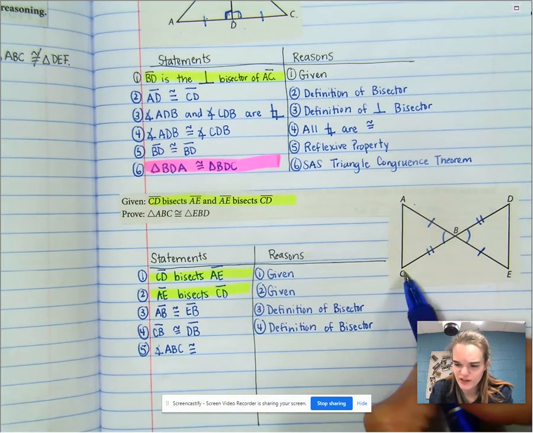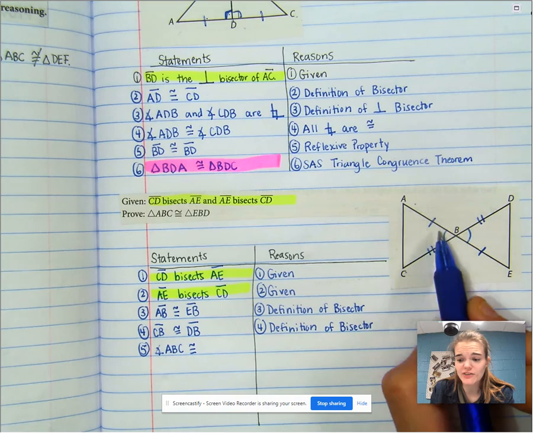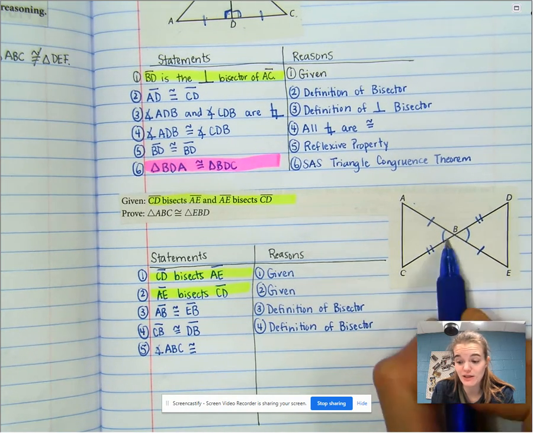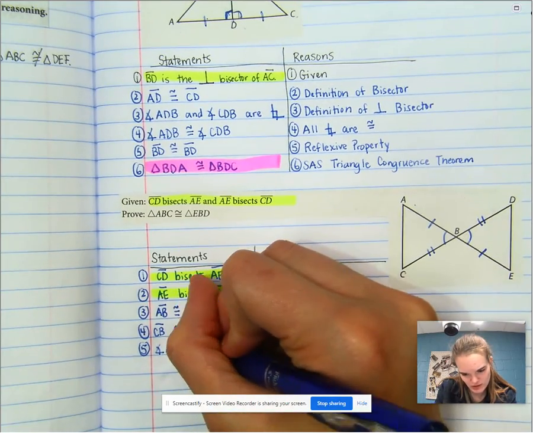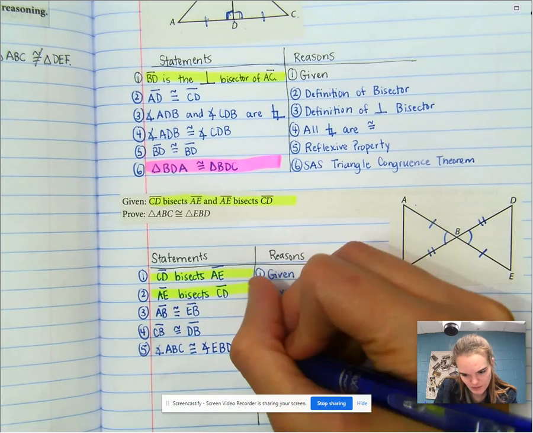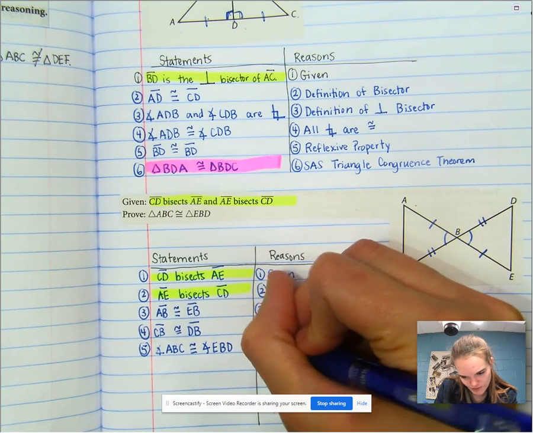Angle ABC. I have to start at E because A to B has the one segment mark. So I need to go E to B because it's got the one segment mark. E, B, D. Because of the vertical angles theorem.